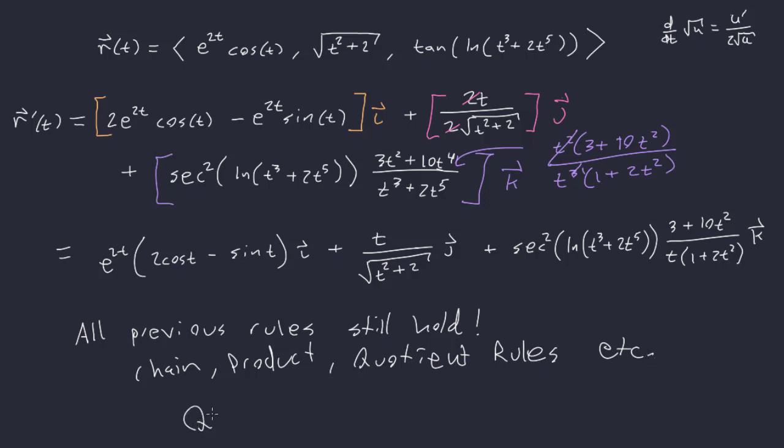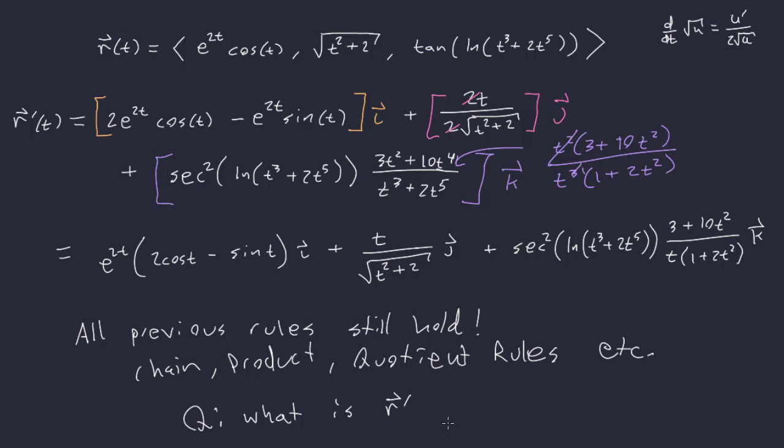So the big question is not necessarily how do we calculate the derivatives, because if you've gotten through Cal 1 and Cal 2, you know how to do that. And now we're just doing it, say, 3 times in a 3-dimensional vector. The bigger question is, well, what is r prime? Okay, and it turns out that everything we've learned before still carries over as well.